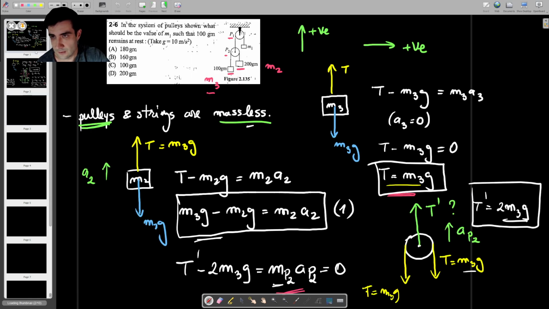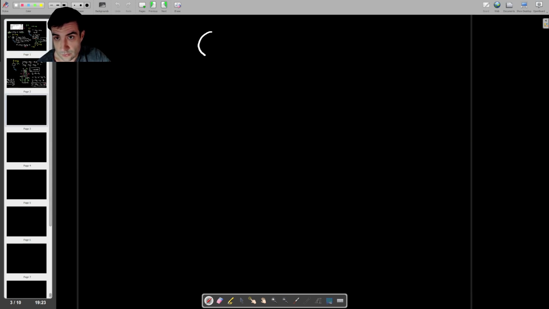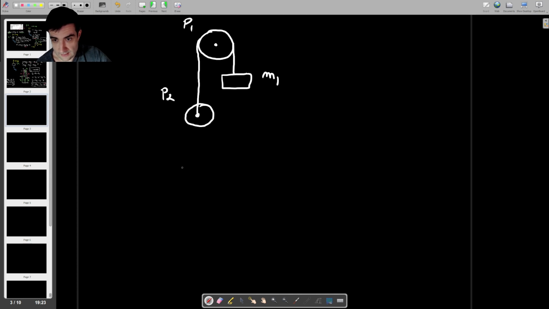The first pulley, which is fixed, and this is going to be important in a bit, is going to look like this. So this is pulley 1, and this is attached on one hand to pulley number 2, and this is attached to M1. And I have my datum point somewhere down. Again, I'm using the fact that the length of the string is constant. And my y direction is going up, in the positive direction.